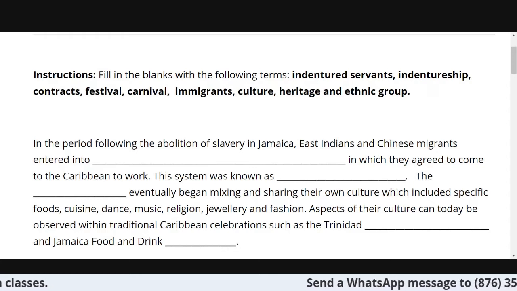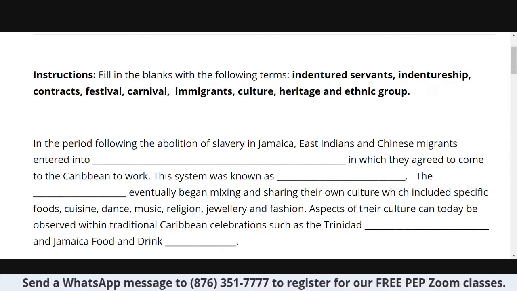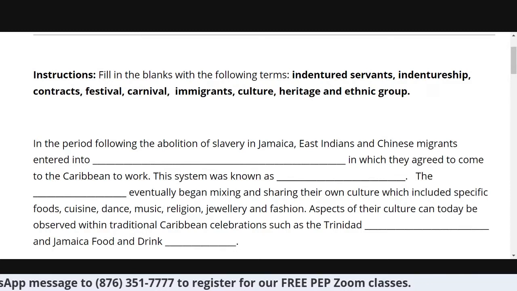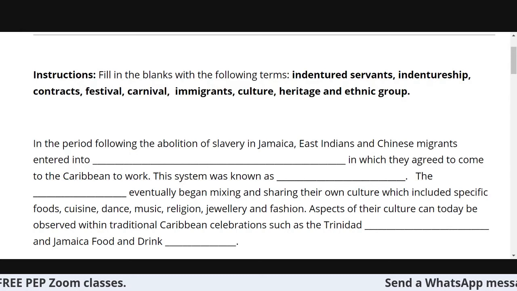Let me know when you're finished writing down the terms, and then we can move right along. Okay, just say finish.